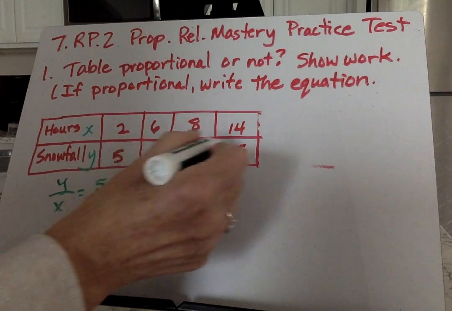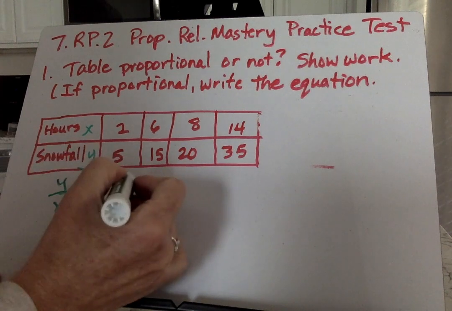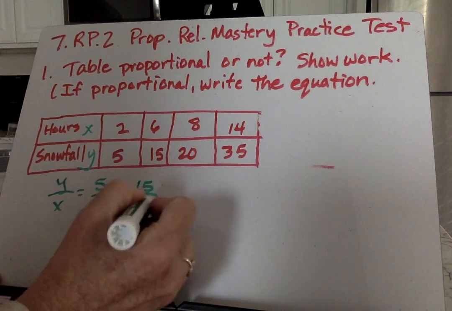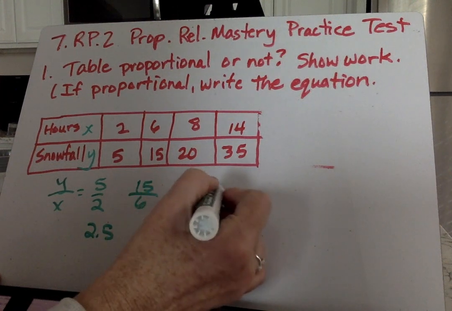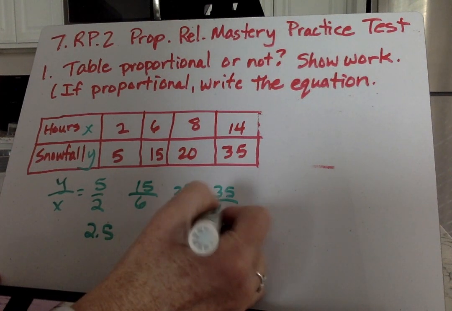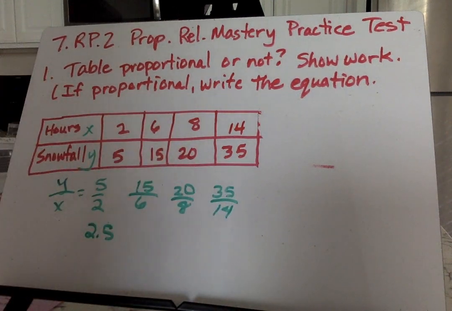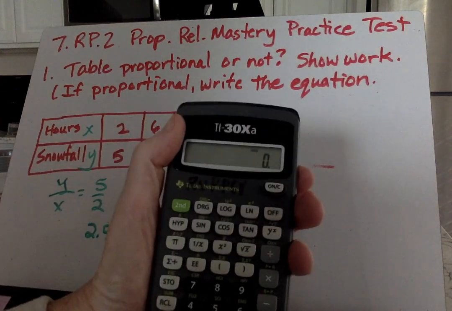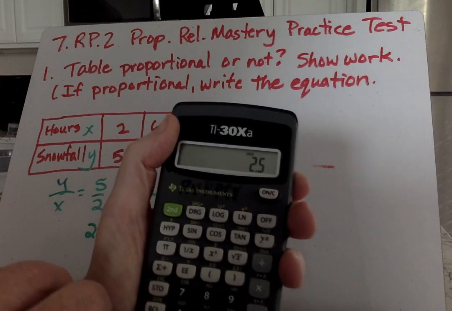Now we want to compare all the rest of these and make sure that that proportional relationship is the same. So I'm going to write 15 divided by 6, 20 divided by 8, and 35 divided by 14. Now, if I get 2.5 for each of those, then this will be a proportional relationship. Then I can go 15 divided by 6, 2.5.